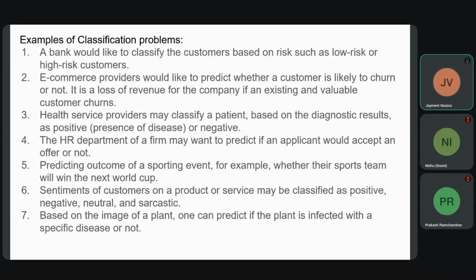Second, e-commerce providers trying to predict whether a customer is likely to churn or not churn, as it affects the revenue of the company, especially when the customer has been around for a long time or is a highly valued customer.